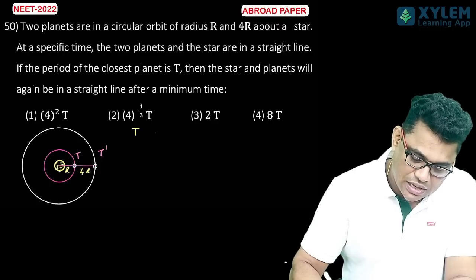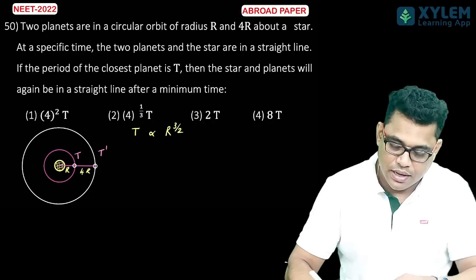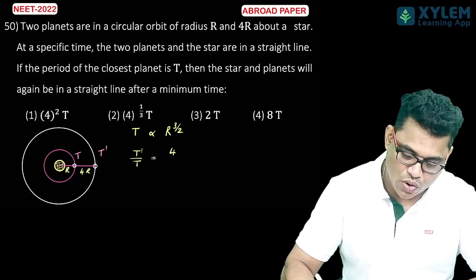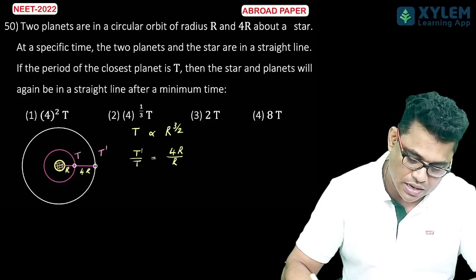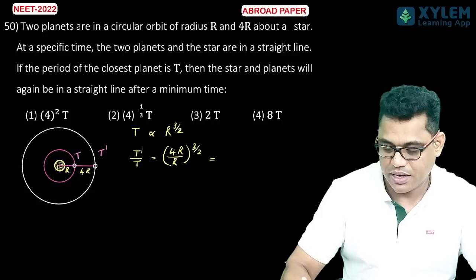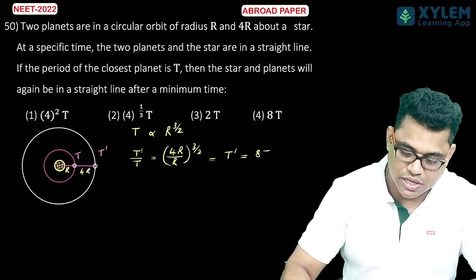Therefore, T is directly proportional to r to the power 3/2. T dash divided by T is equal to (4r divided by r) to the power 3/2. From this, you can find that T dash is equal to 8T.